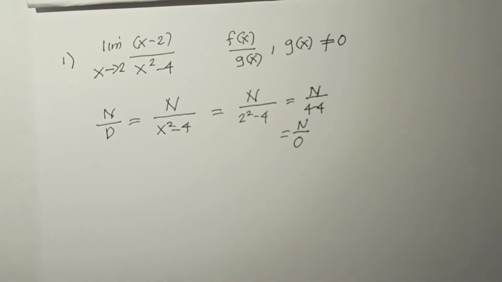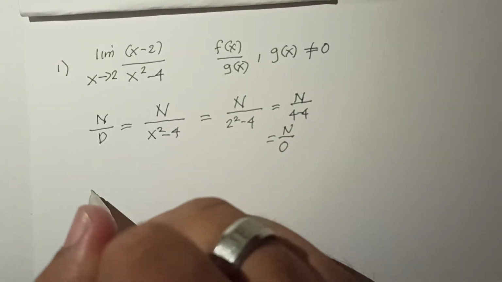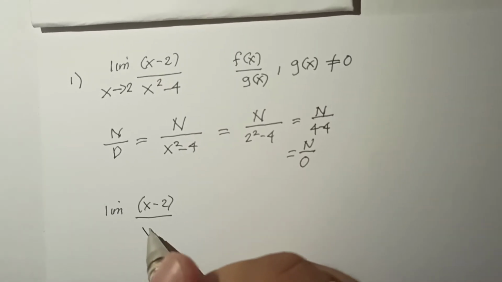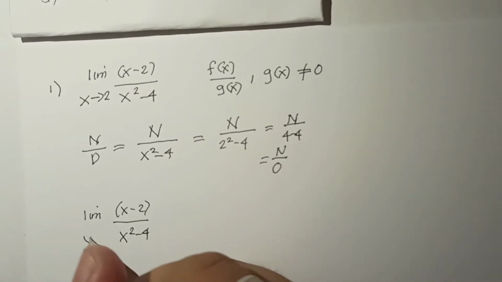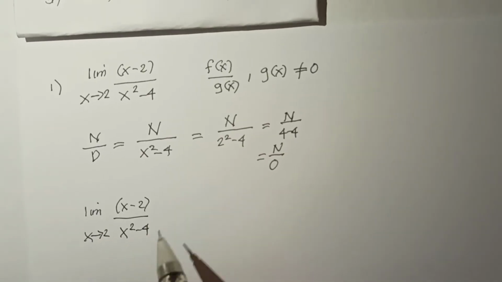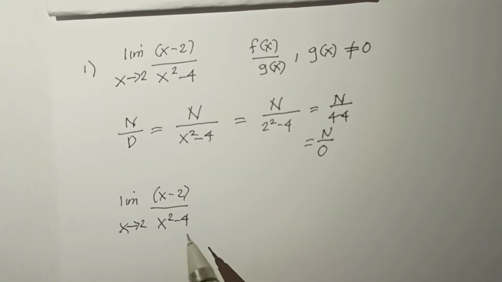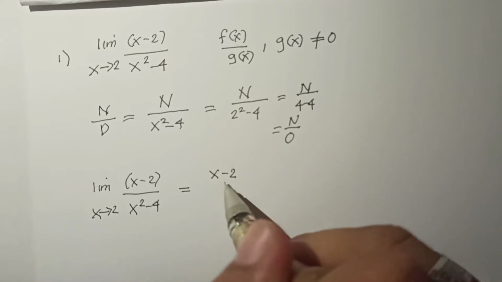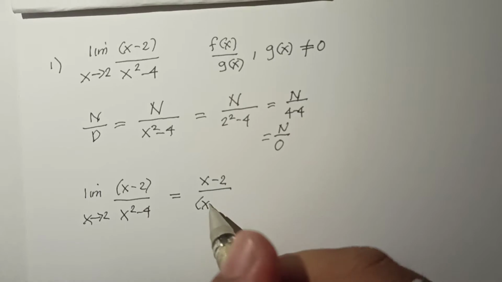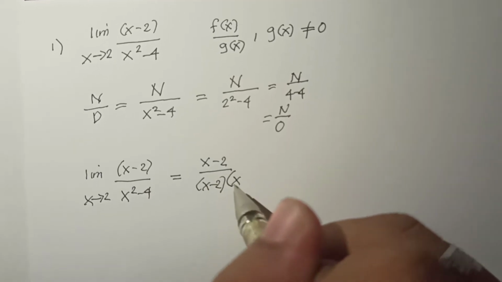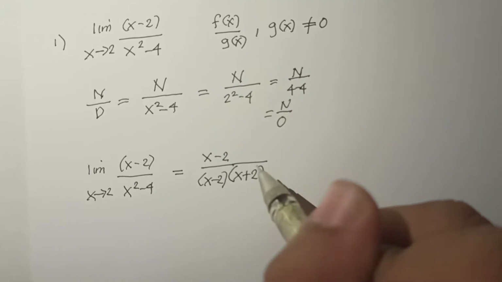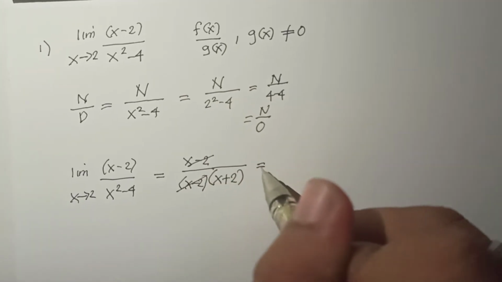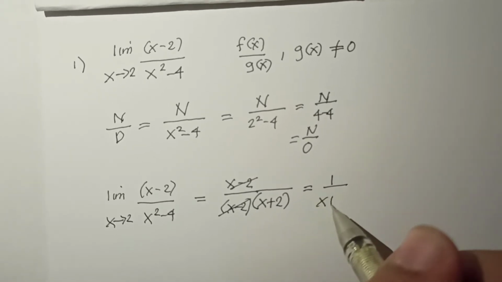Let us consider the given: the limit of x minus 2 over x squared minus 4, x approaches 2. If we look at it, this is factorable. So we factor: x minus 2 over x minus 2 times x plus 2. We could cancel out this part, and the remaining is 1 over x plus 2.